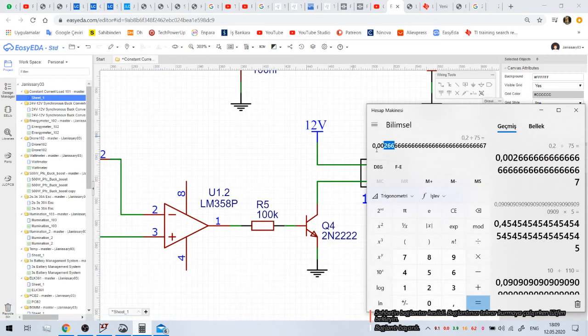Yes, we need 2.5 milliamp, 2.666 milliamp, with 3.3 volt here, 1.3 volt here.